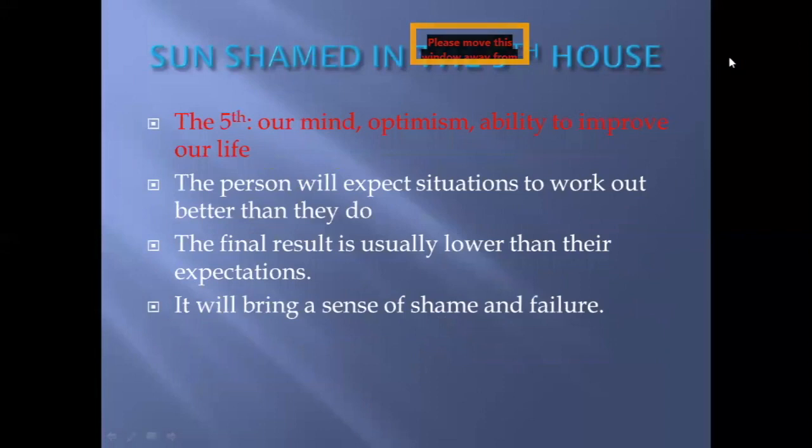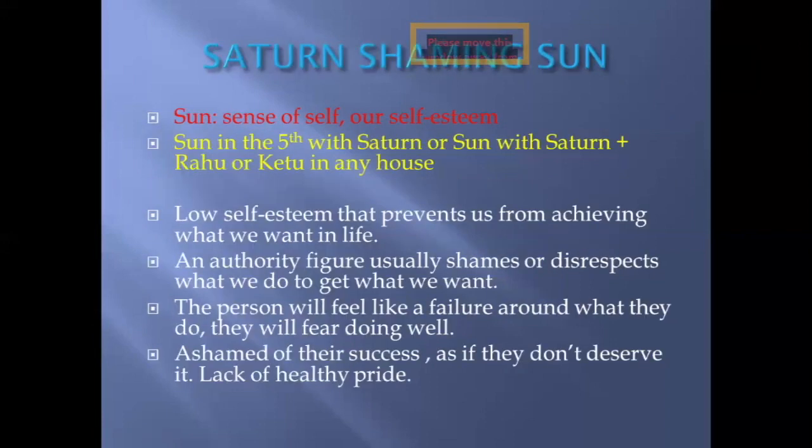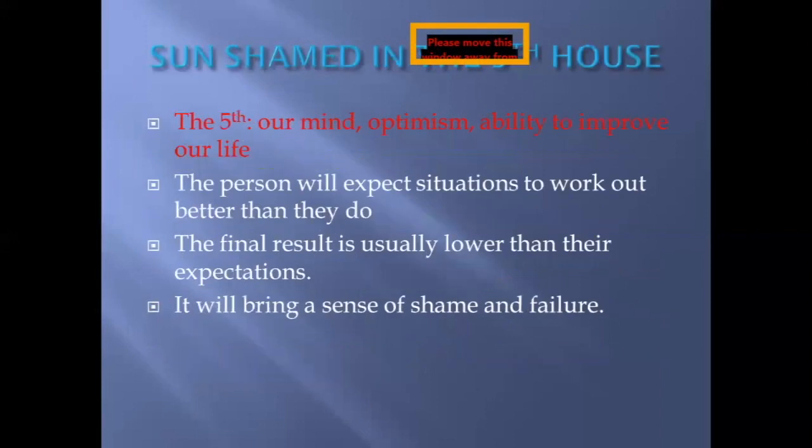Now, the Sun shamed in the 5th house. Okay, and let's remember the Sun shamed in the 5th house will be the Sun with a cruel planet, right? Okay, so the 5th house is our mind, optimism, ability to improve our life.